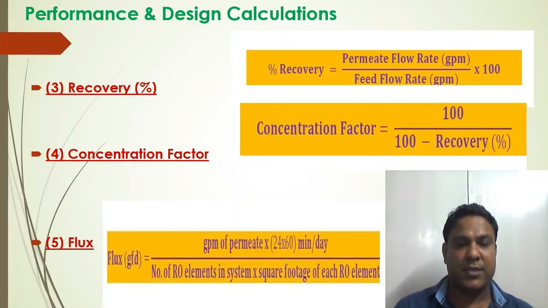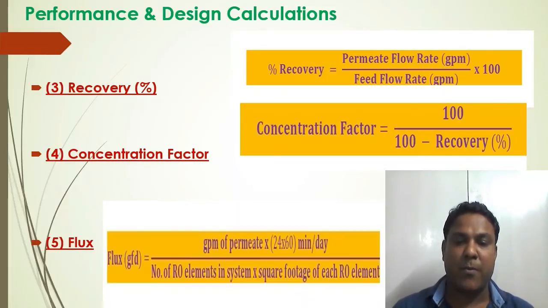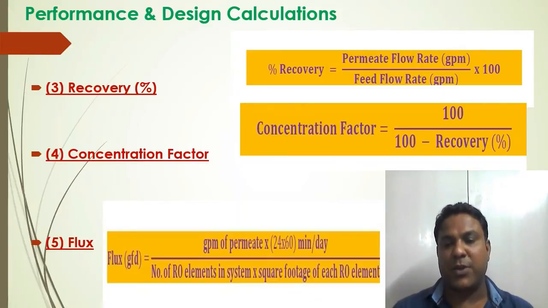And the last equation that tells about the performance of RO membrane is flux. Here the given equation is flux G, in terms of gallon per square feet per day, equal to GPM into 24 into 60 per day, upon number of RO elements into system into area in square foot.